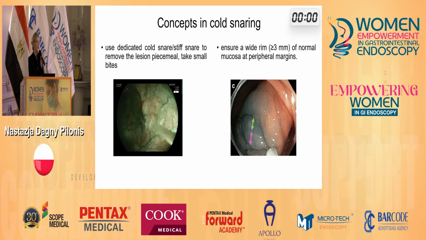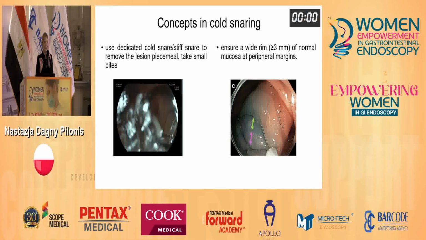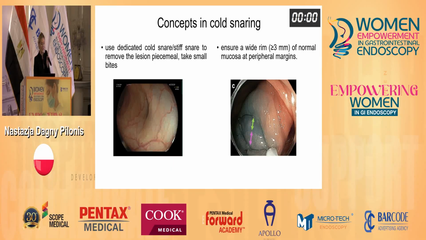If you don't have a dedicated cold snare, you can use a normal conventional snare, but make sure that it's small and stiff. Take small bites with a small 15 or 10 millimeter snare, and you will allow for a very nice cold snare polypectomy. Ensure a wide rim of normal mucosa.